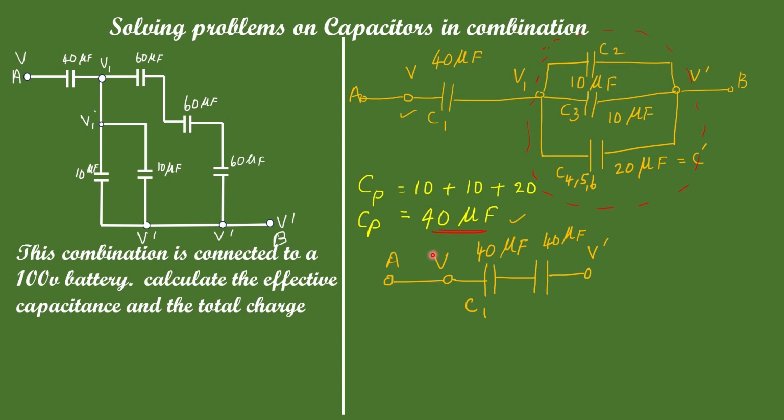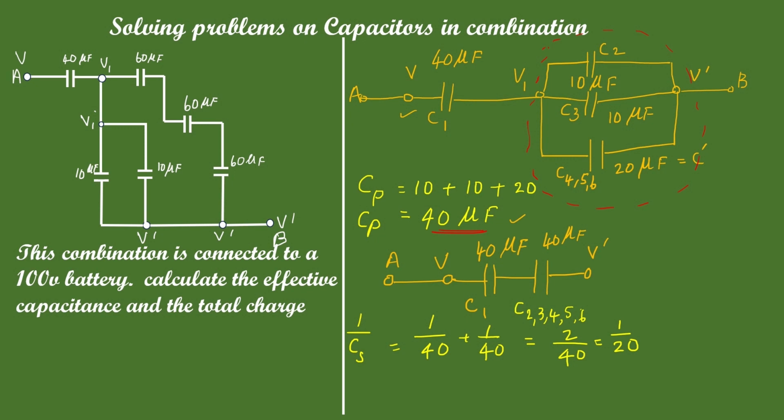Now the two capacitors are between V and V dash. This capacitor is equivalent to 2, 3, 4, 5 and 6. Now these two capacitors are again in series. Effective capacitance Cs for these two capacitors will be 1 upon Cs is equal to 1 upon 40 microfarad plus 1 upon 40 microfarad, equal to 2 upon 40 microfarad, which is equivalent to 1 upon 20 microfarad.